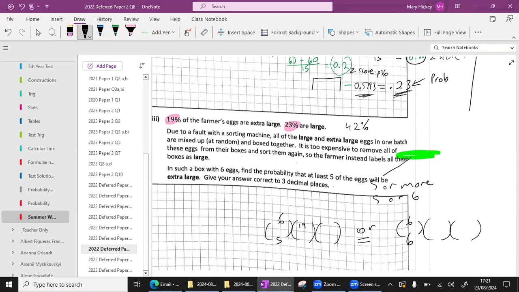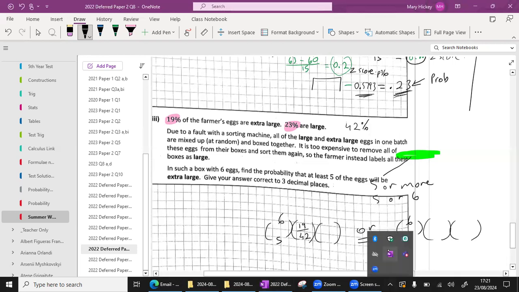So I'm going to put 19 over 42 because it's not 19%. It is 19%, but it's not 19 as in that's not the probability in terms of what's in front of me, because it's only the large and the extra large. So it's really only out of 42% in total, because the rest of them are small and whatever else.